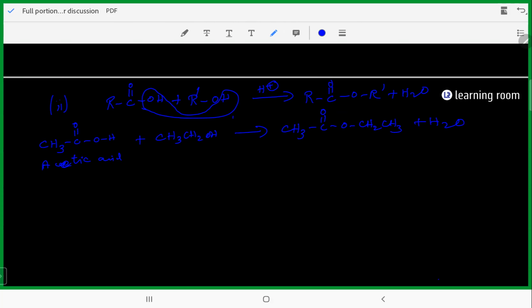When it takes place, concentrated H2SO4 is used. When you are heating, it will give the ethyl acetate. It's an ester. Why is it an ester? Because of having this group, two R groups attached. That's why ester. So this is known as esterification reaction.